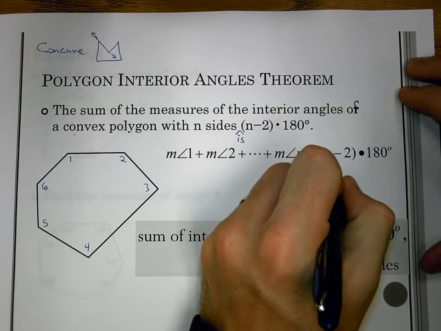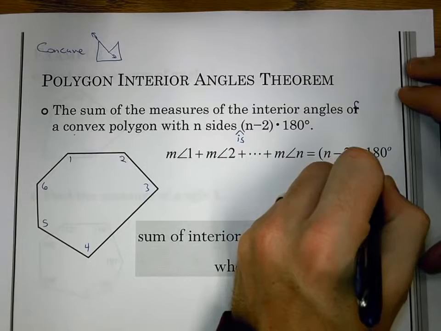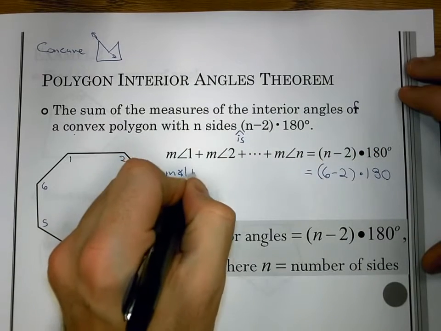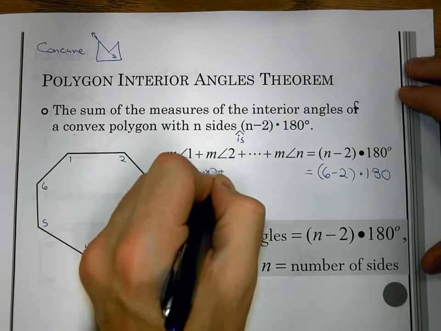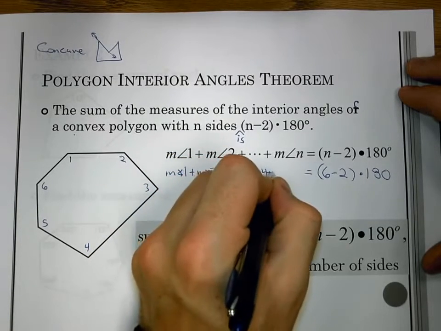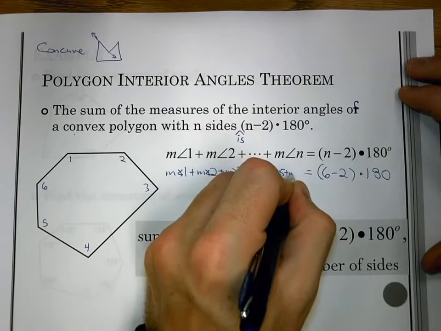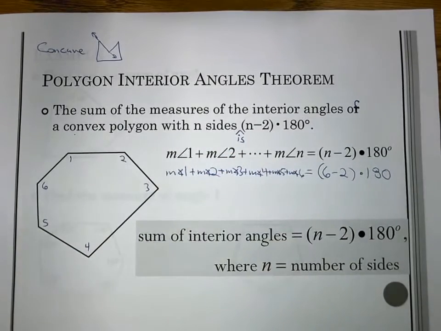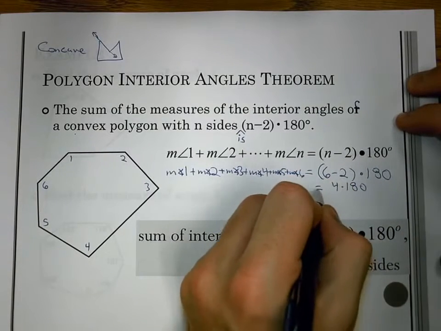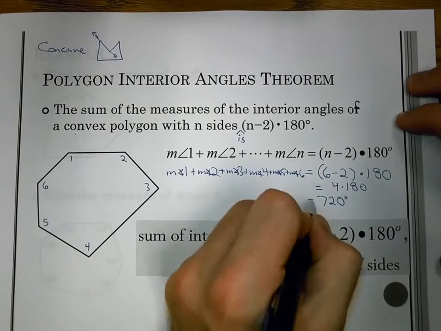So in this case, 6 minus 2 times 180 is equal to the measure of angle 1 plus the measure of angle 2 plus the measure of angle 3 plus the measure of angle 4, see if we can fit it in, plus the measure of angle 5 and the measure of angle 6. So what value is that? That is 4 times 180, or 720 degrees.